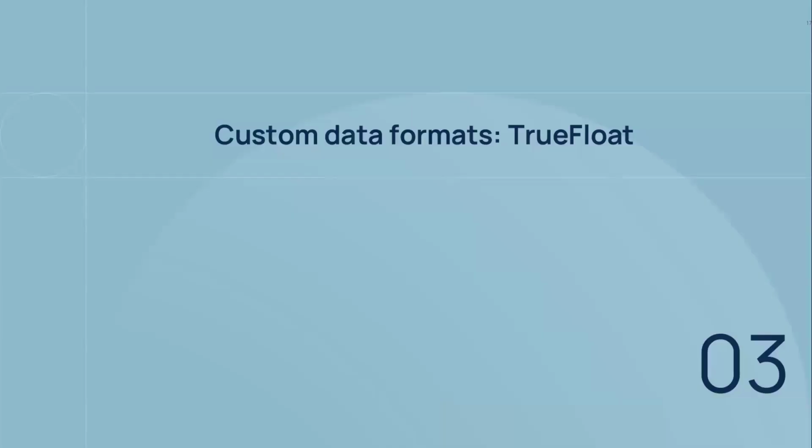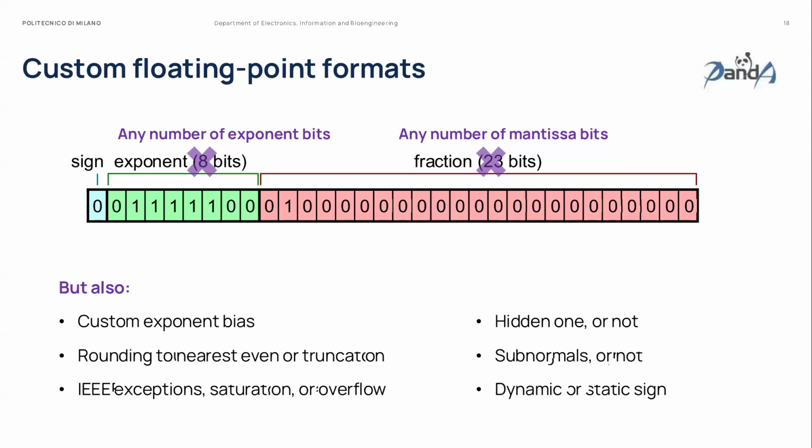Okay, then other topic, custom data formats. I mentioned that we support the usual fixed point that people use in high-level synthesis, but also that we have a very good floating point library, which is called TrueFloat. It's interesting because it doesn't just give you single precision, double precision, but a fully customizable floating point representation. You can have any number of bits for the exponent, any number of bits for the mantissa.